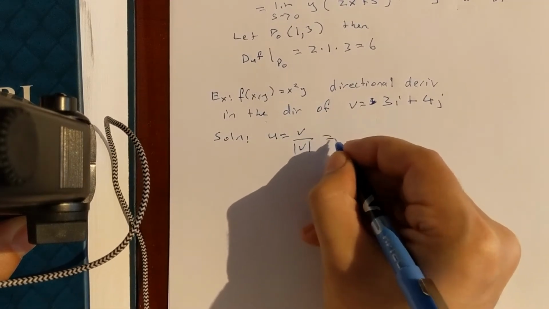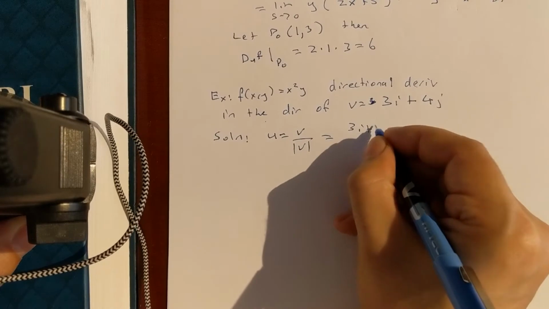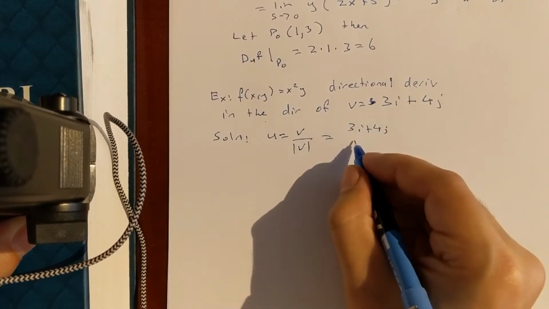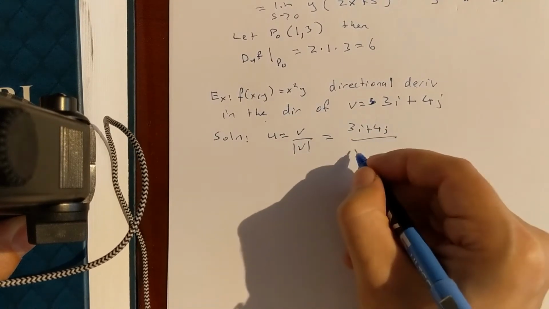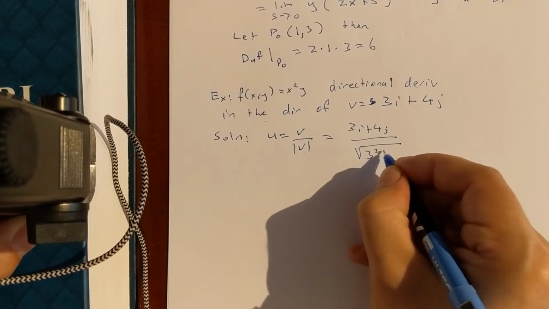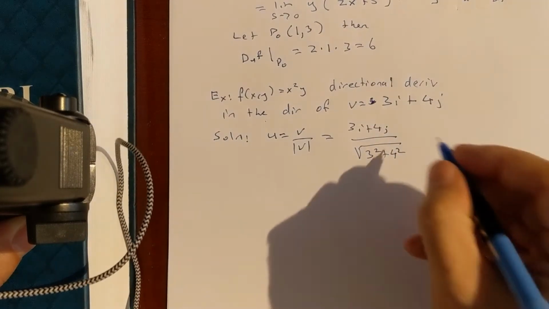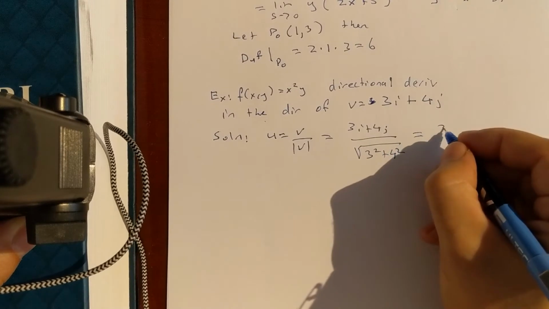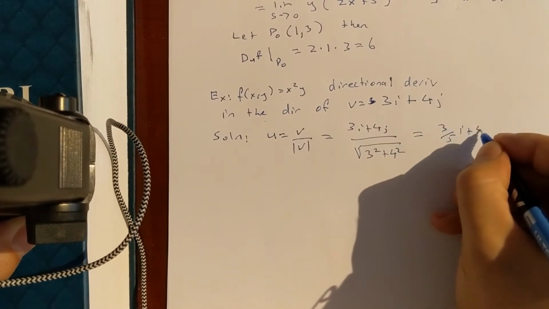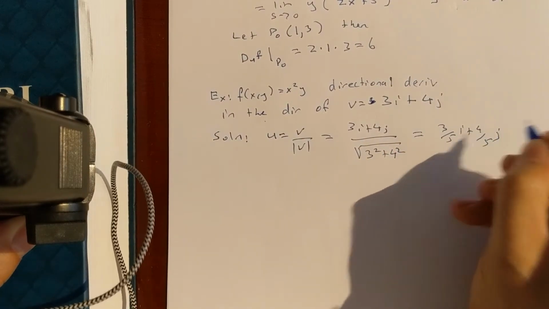So v is our good old 3i plus 4j, all over the square root of 3 squared plus 4 squared. I picked the numbers nice again, so that's just 5. So we have 3/5 i plus 4/5 j.